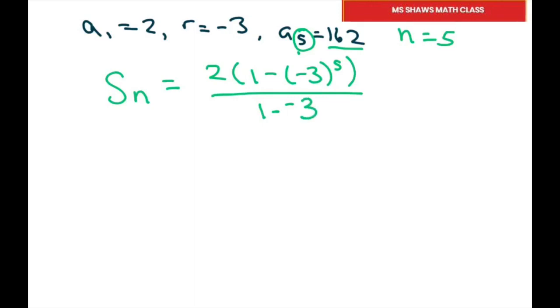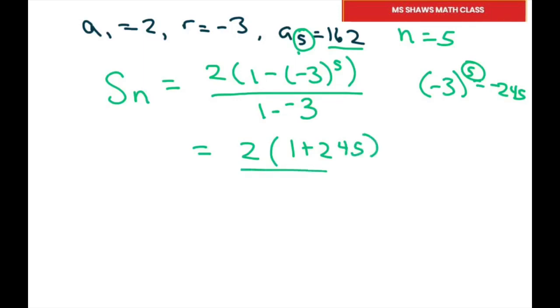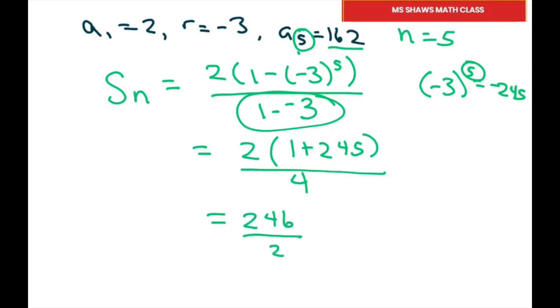Alright, now simplifying this, you get 2 times. 3 to the 5th is 243, but negative 3 to the 5th is going to be negative 243, because it's an odd power. So it's going to be 1 plus 245, and then this is going to be 4. So to put in your calculator, you're going to put in 246 divided by 2, and that goes in 2 times, so that's going to equal 123.